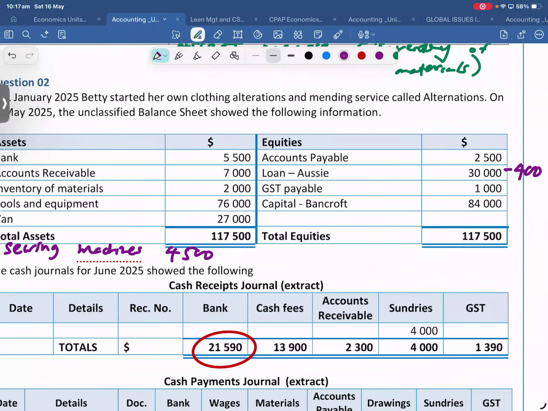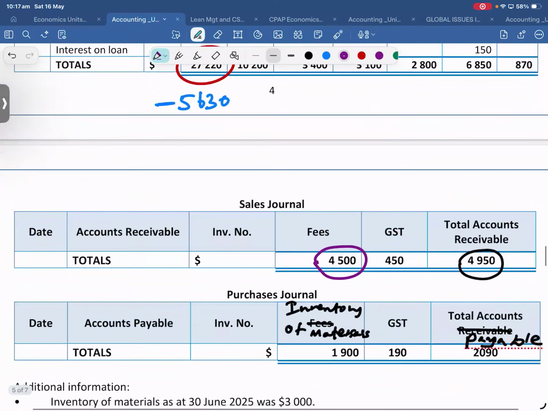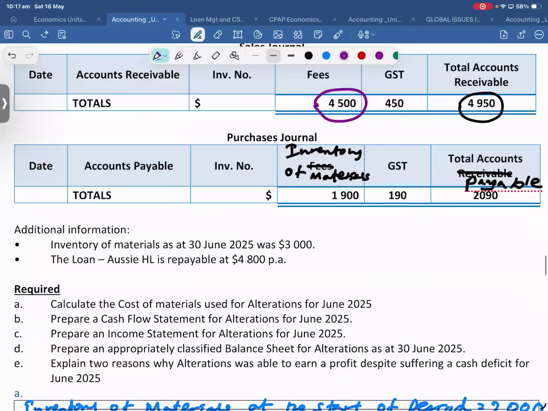Right? Okay. Then also it says the loan is repayable at 4,800 per annum. Why do they say that? Since it's 4,800 per annum, we can calculate the monthly installments.